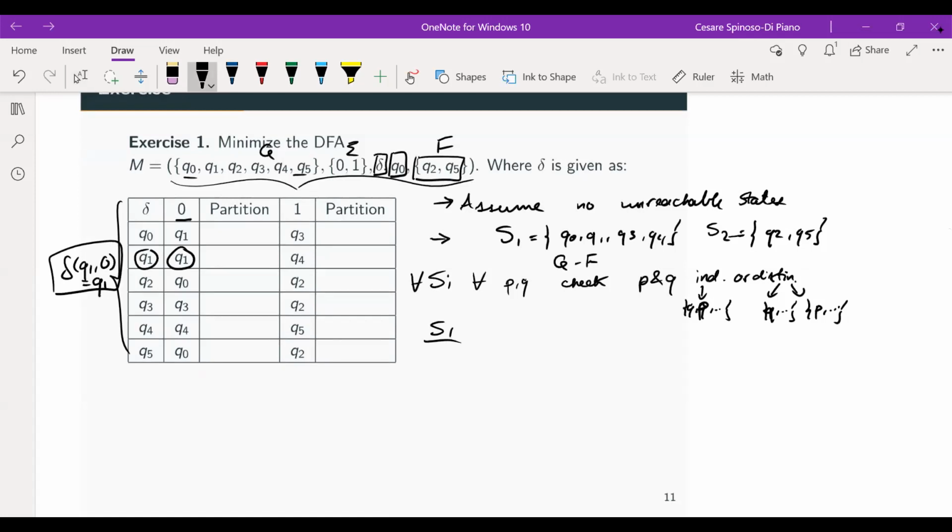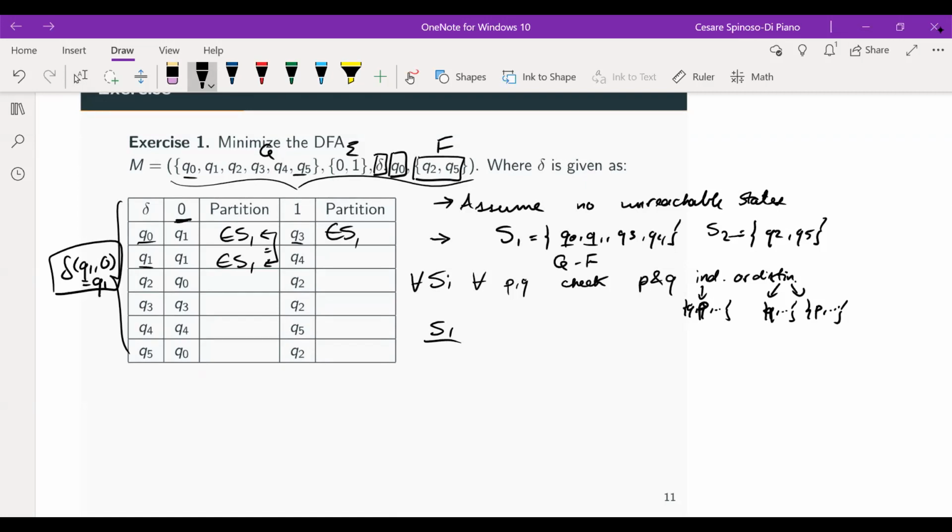So let's do Q0 and Q1. If you're in Q0 and you see 0, you go to Q1. The same thing for Q1. Both of these are part of partition S1. So far it looks like they might be indistinguishable because the partitions are the same. Next, for when reading symbol 1, Q0 goes to Q3, that's part of partition S1.